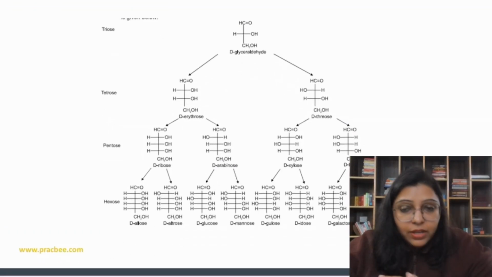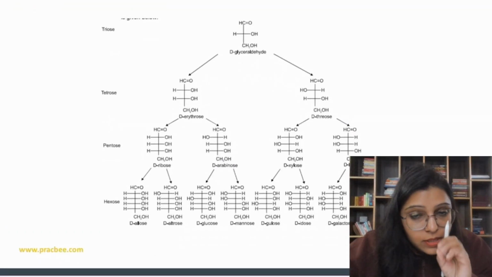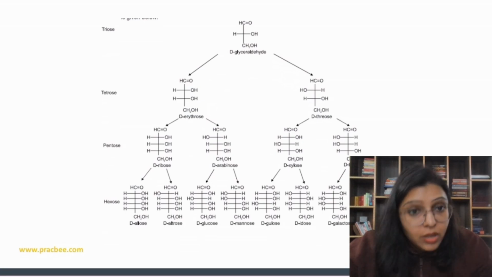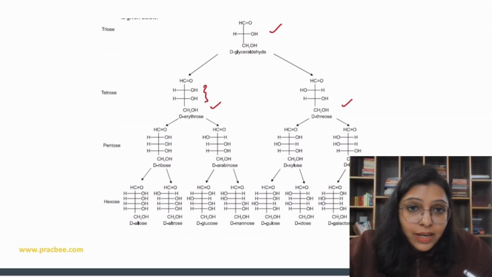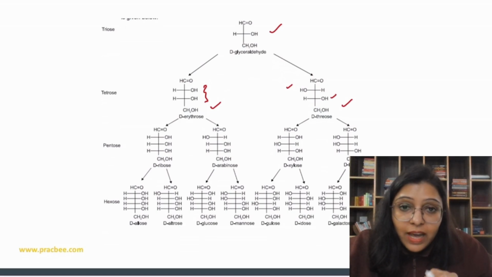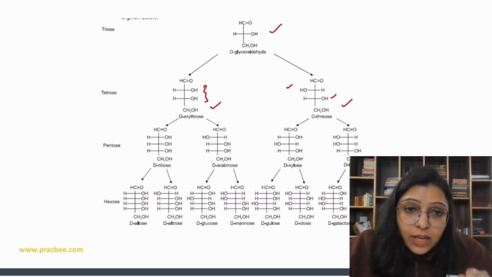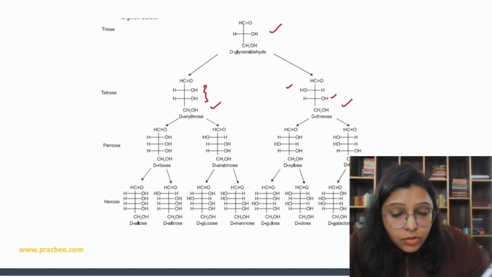I have put some important information which you must know before starting with the questions. Like what is glyceraldehyde, the D-glyceraldehyde. In tetroses we have erythrose and threose. In erythrose both OH are on the same side. In threose they are on opposite sides. Then in pentoses we have ribose, arabinose, xylose, and lyxose. How do you write down the structure?